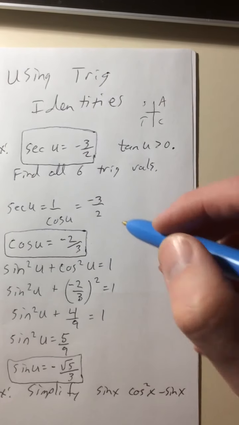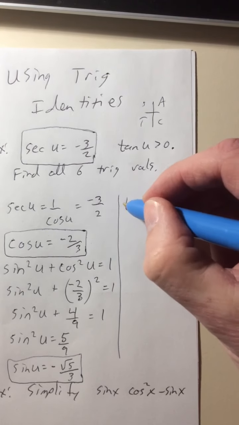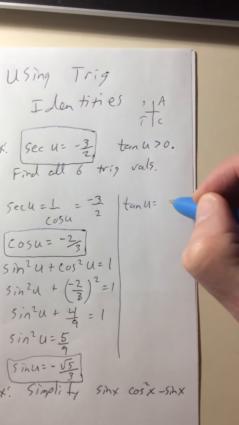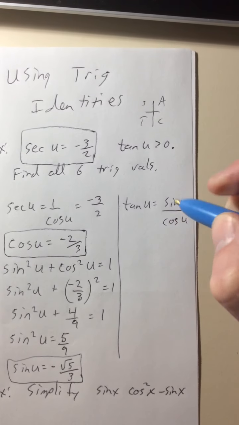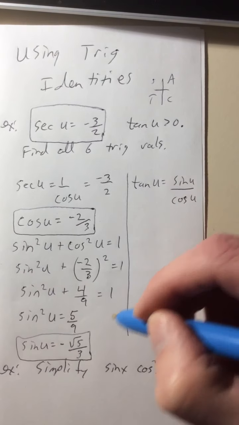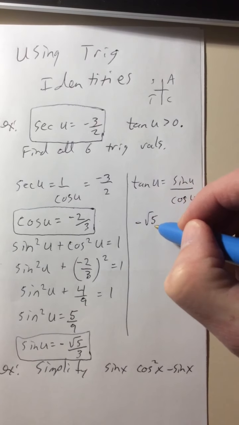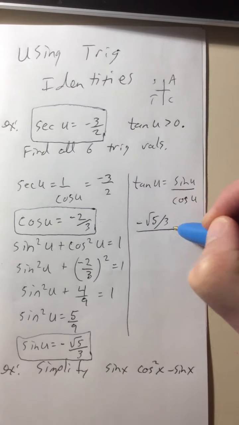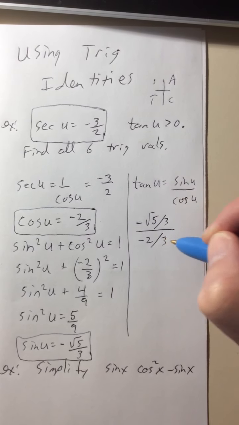So we know from one of our other identities that the tangent of u equals the sine of u over the cosine of u. The sine of u in this case is -√5 over 3, and that's going to be over the cosine of u, which is -2 over 3.